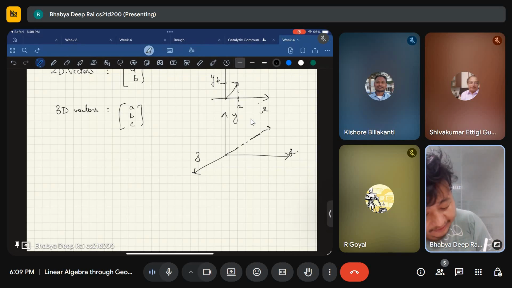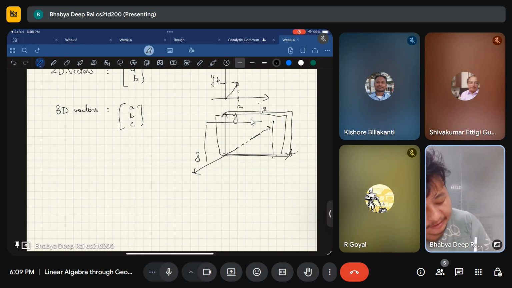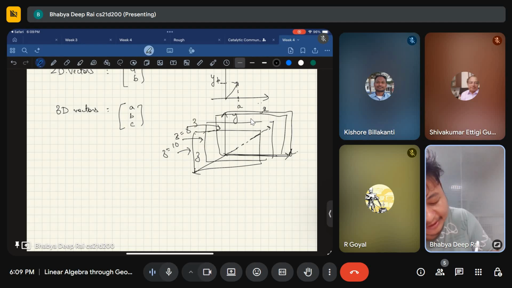Not only can points exist in this plane, but now imagine that there are infinite planes here, and each of those planes is indexed by a different value of z. This plane belongs to z equals 10, and this plane belongs to z equals 8, and so on, and the plane corresponding to the origin belongs to z equals 0.